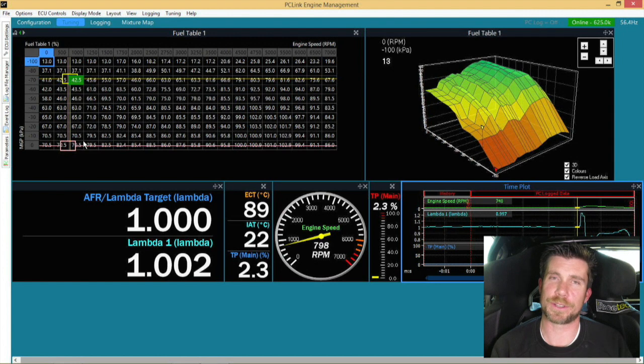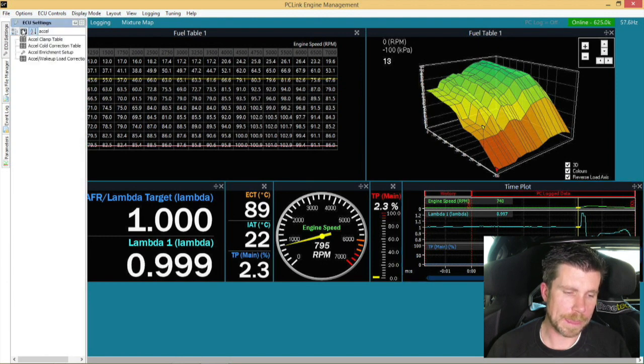If you start needing to make really large wholesale changes to these default values, particularly in the Link VIPEC product, where my experience has been that the default values are really quite close in almost all instances, generally that suggests that something else isn't right and we need to look a little bit deeper. Obviously, once we're past idle and we're into the areas of the main fuel table that we have been able to properly tune in steady state on the dyno or out on the road, then we shouldn't have those issues.